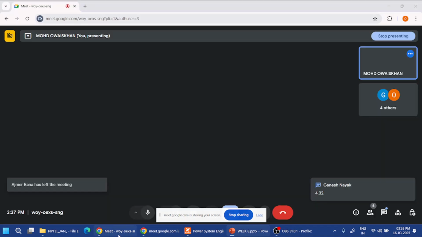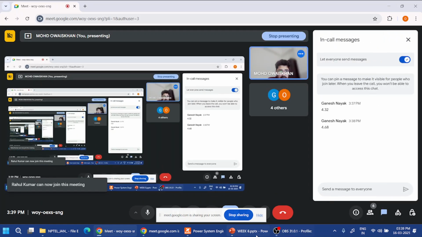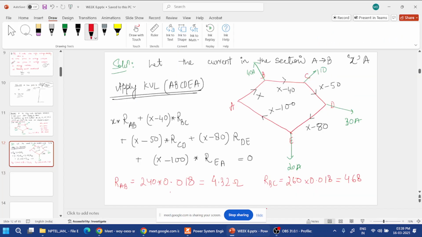Okay. So similarly calculate for RCD and RDE also.